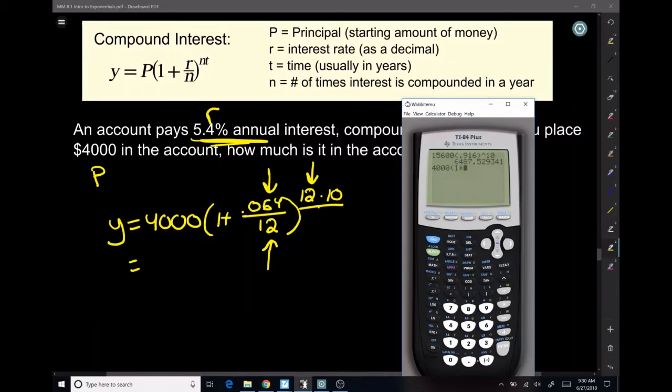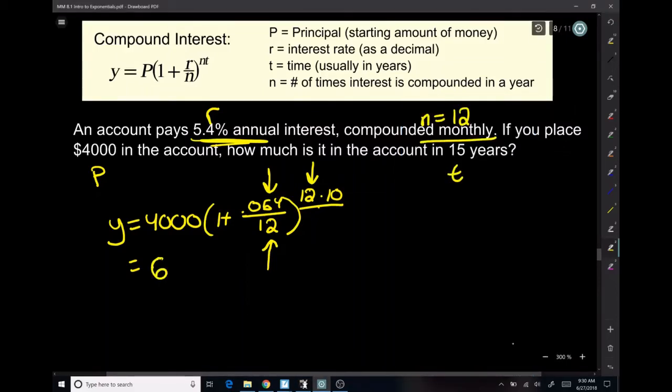4,000 times 1 plus 0.054 divided by 12. In my calculator, I can just type this in exactly how I see it, except for I missed a 5. And then to the 12 times 10, or I'll just do 120. 6855.72.